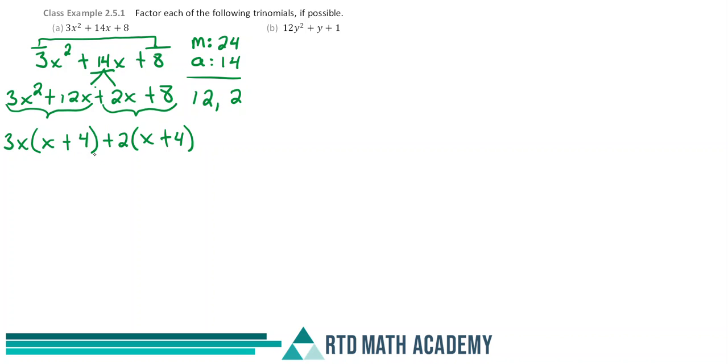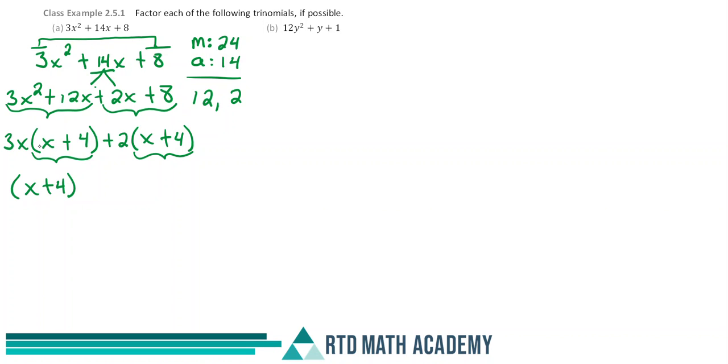Now we've done all the hard work. Now we just kind of have to recognize it when we see it. Did you notice that we've got x plus 4 and x plus 4? So that's common to this chunk and to this chunk. It's common to both. So technically what we're going to do is factor out x plus 4. That's the thing we just took out.